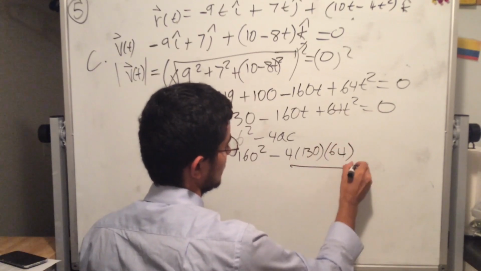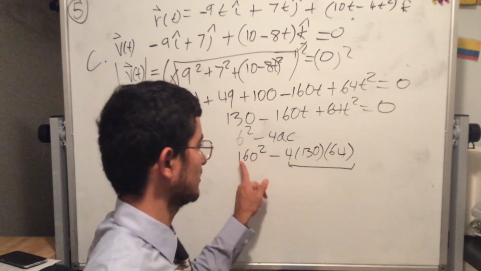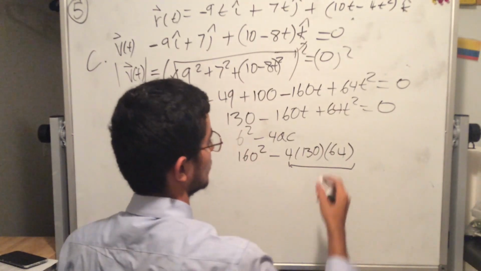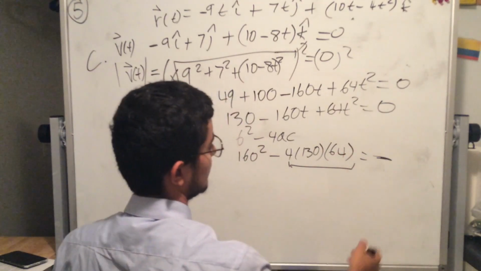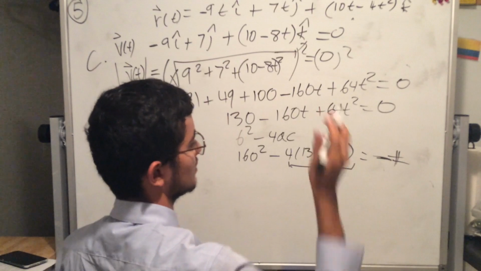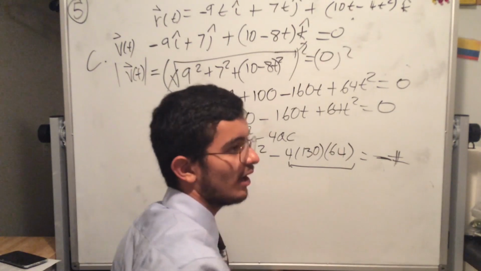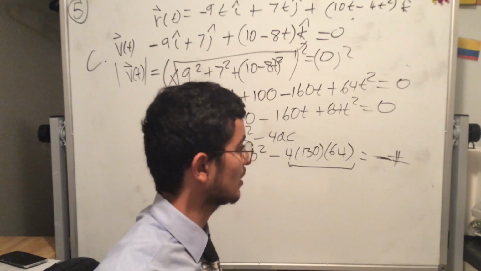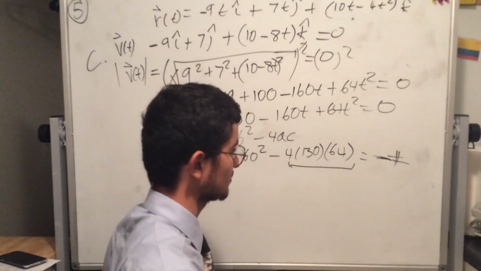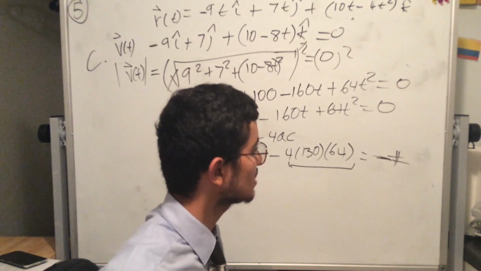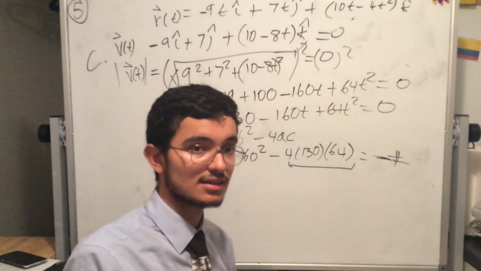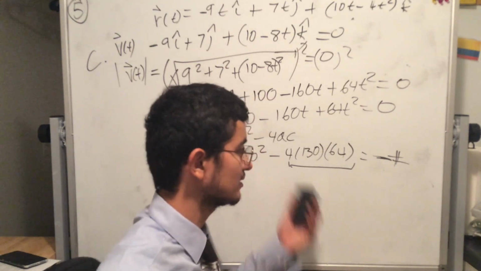This number over here is going to be a lot larger than this, which means it's going to be a negative number, which means that it's going to be a complex solution. So there is no time when the velocity is equal to 0. The bee is always moving. It's never going to stop unless it gets to bite you, but that's unlikely.